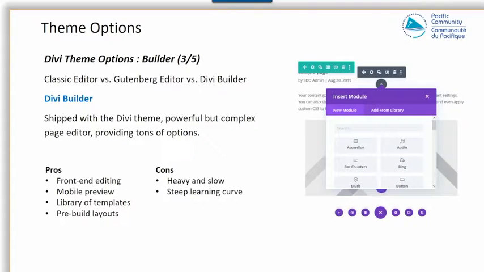Now, Divi. Divi is a great, very popular theme, and one of the main features is that it provides what we call a page builder or layout builder. The Divi theme came out way before WordPress 5, so way before Gutenberg came out.